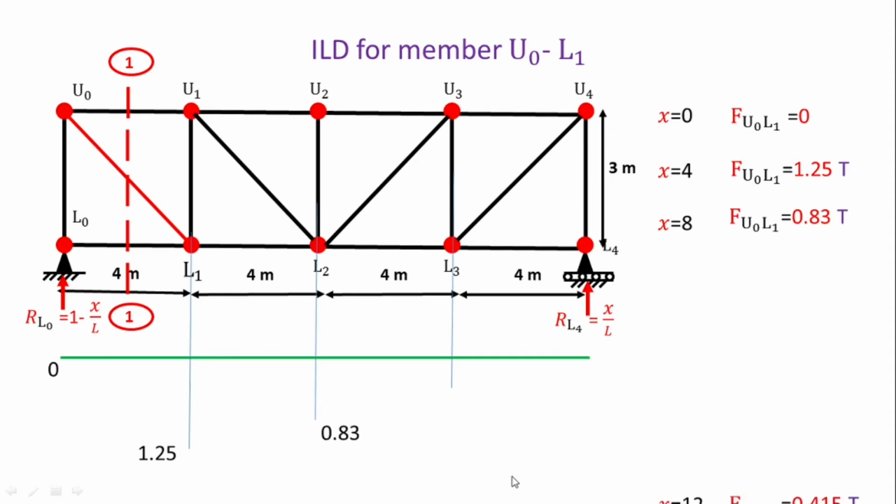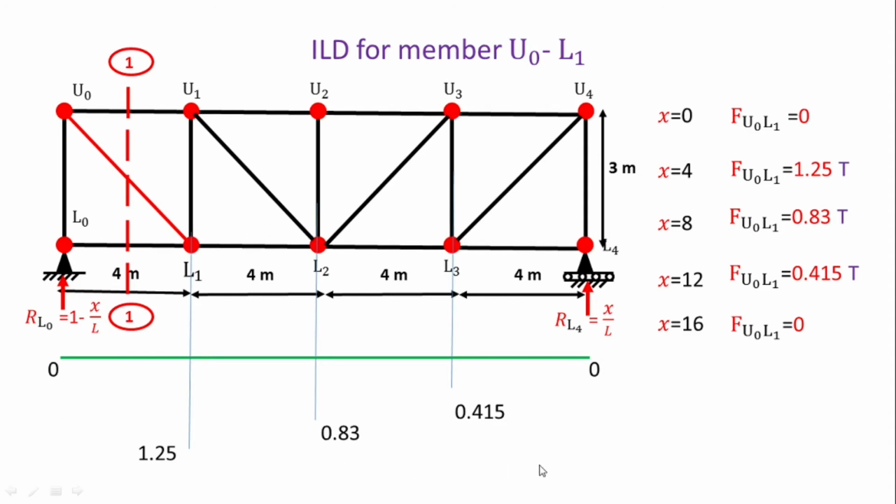Then x equal to 12, it means when the load is at the L3, the ordinate is 0.415, and finally x equal to 16, the ordinate at that location is 0.